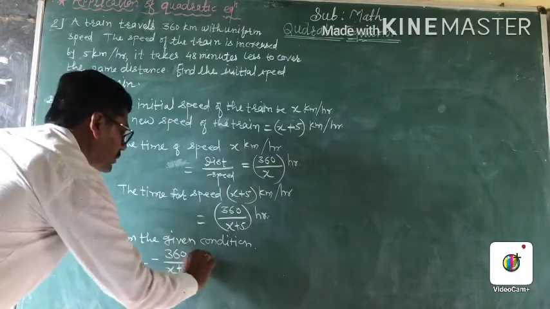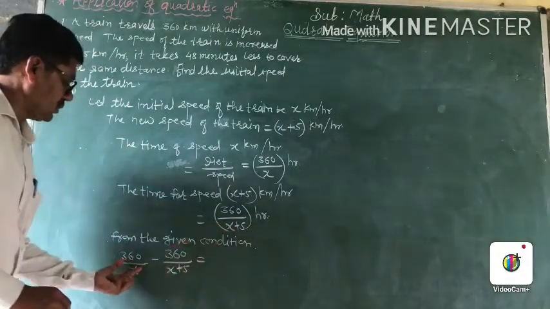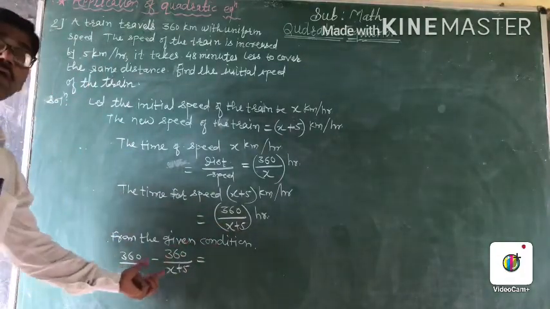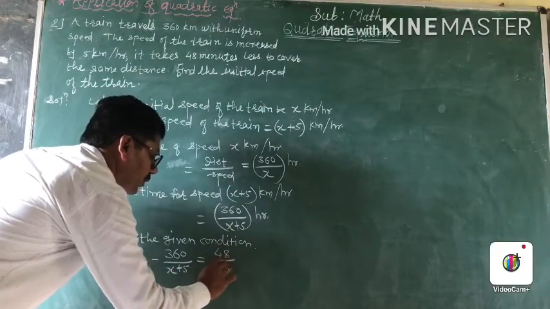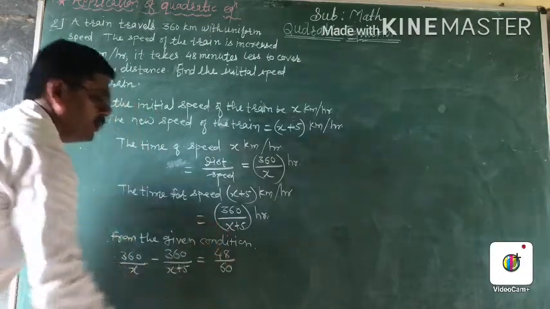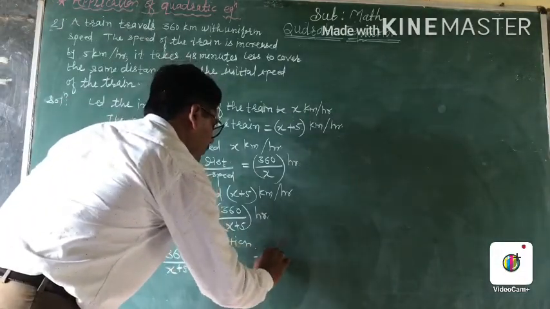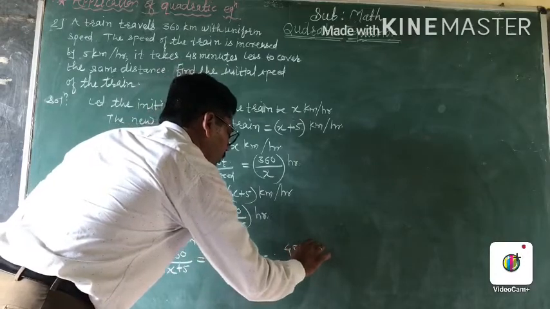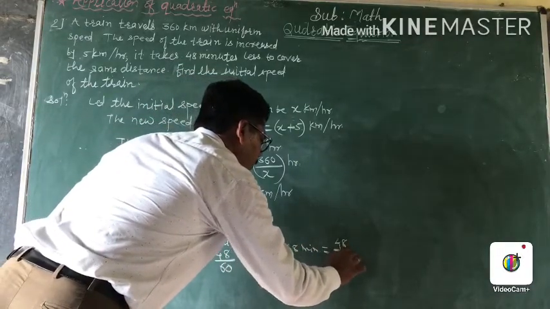And this difference is equal to 48 minutes. These times are in hours, therefore 48 minutes is converted into hours by dividing by 60. 48 minutes is equal to 48 divided by 60.